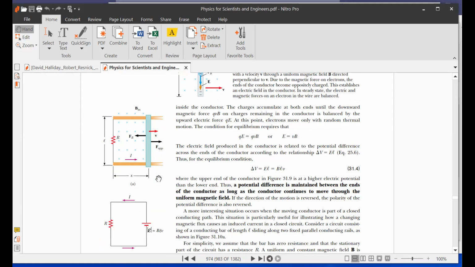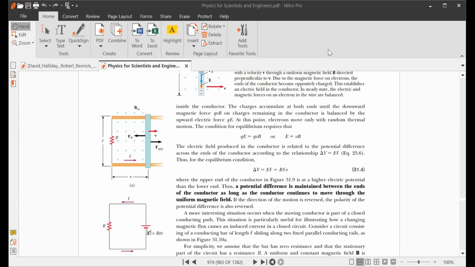Is there any question? So what happened? We pull to the right. If we push to the left, what happens?